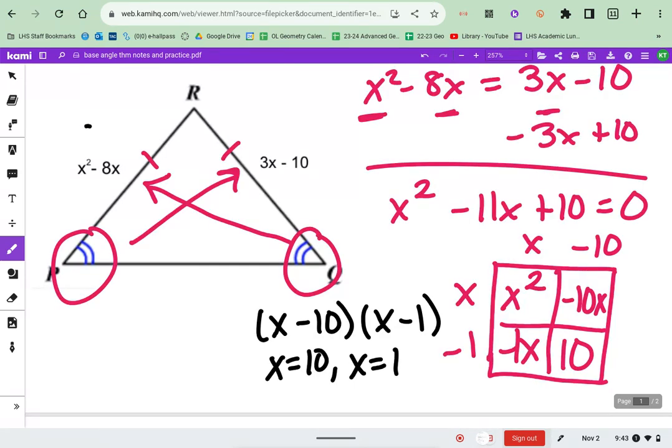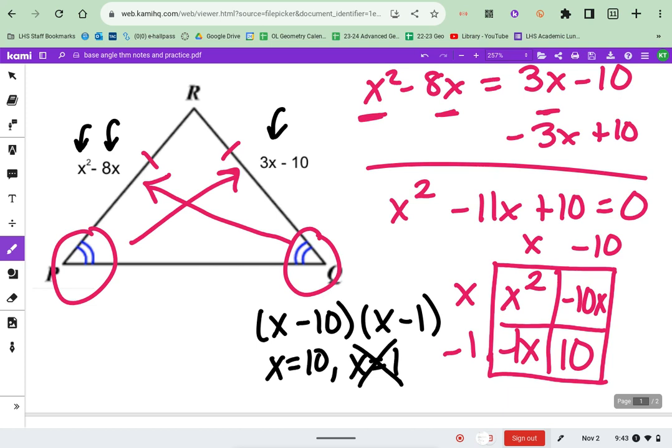If I plug in 10 for x over here, I'll get 100 minus 80, which is positive, so that's good. And over here, I'll get 30 minus 10, which is positive, so that's good. If I plug in x equals 1 on the left side, though, I'll get 1 squared is 1 minus 8, which is negative 7. That's not good, right? Because no negative lengths.